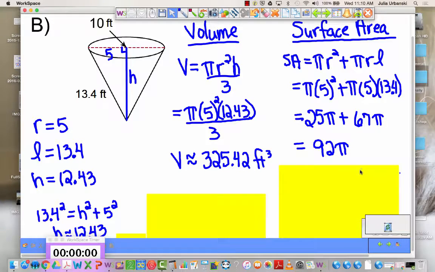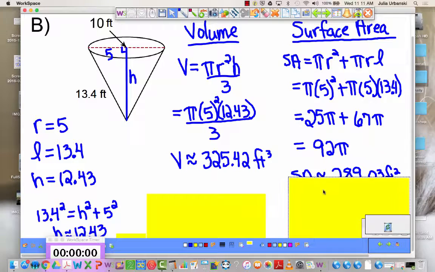Now, round your answer to the nearest hundredth. Go. No, not in this formula, because we're using this one right here. All right, nearest hundredth. What do we get? 289.03. Oh, okay.